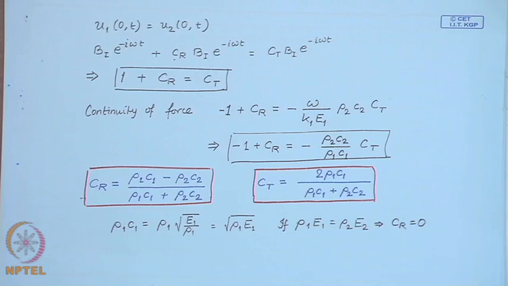For example, when we do ultrasonic testing of materials, we have the ultrasonic transducer which we put on the sample, and we expect that these ultrasonic waves will propagate into our sample completely. I mean, there should not be any reflection from this transducer sample interface.